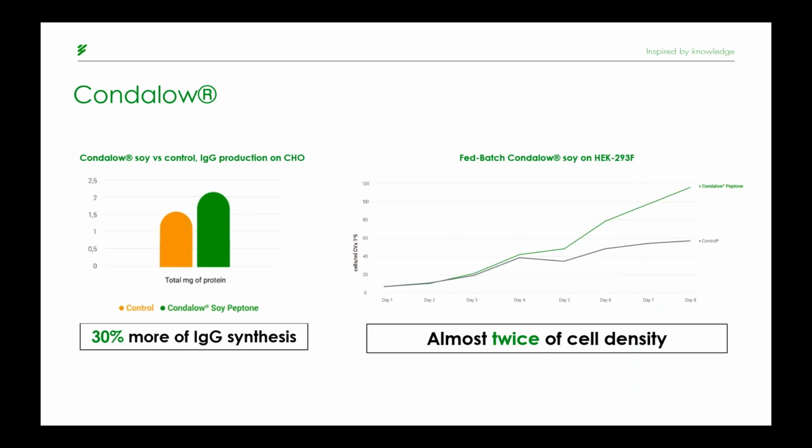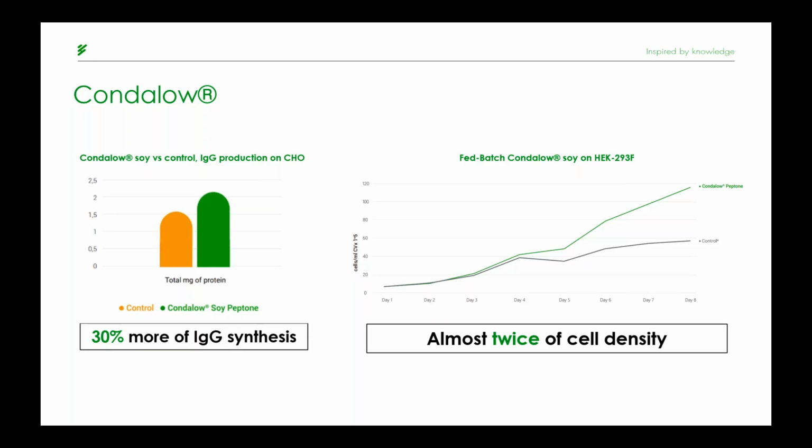Here I want to show you some experiments we carried out in our lab. These graphics can be downloaded on our page, if you follow the application notes. Here we can see the production of immunoglobulins in CHO cells.